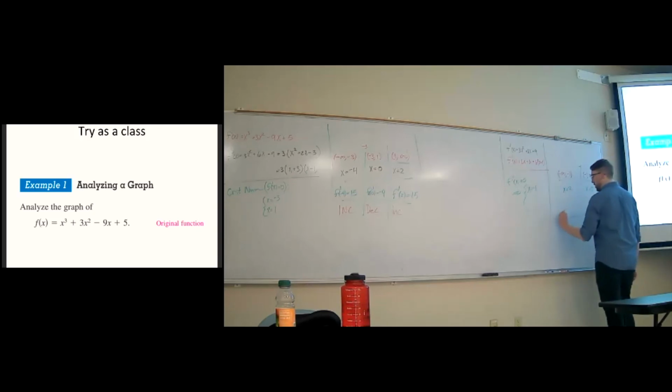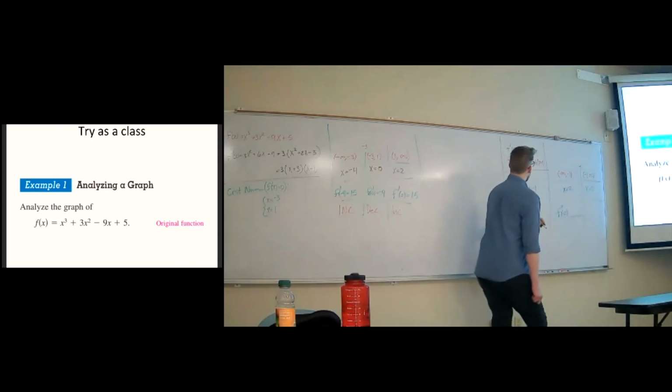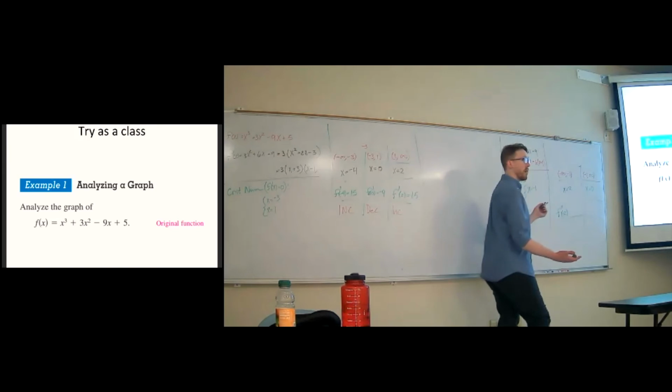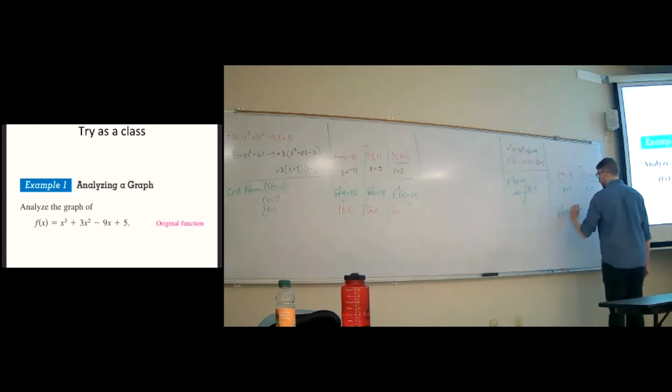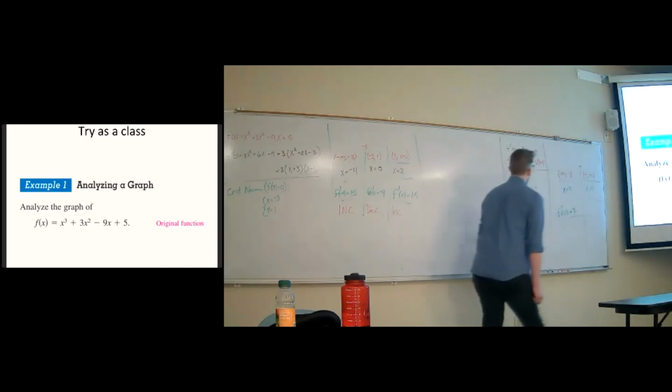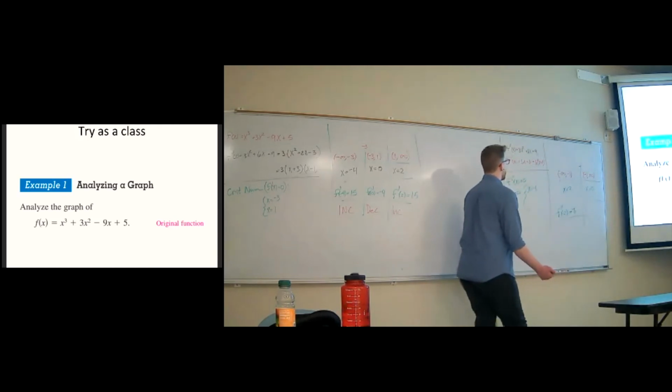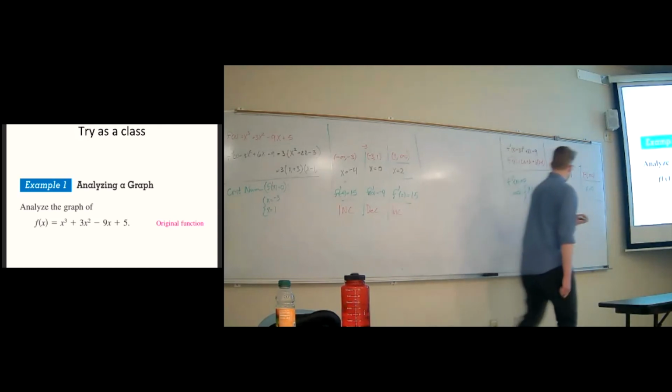When x is equal to negative 2, we have negative 2 plus 1, that's negative 1, times 6 is equal to negative 6. When x is equal to 0, we have 1 times 6, that's 6.